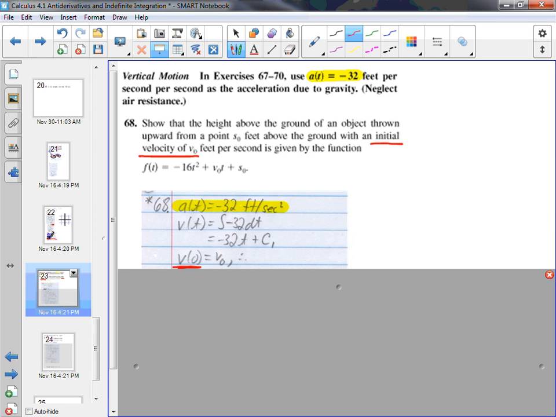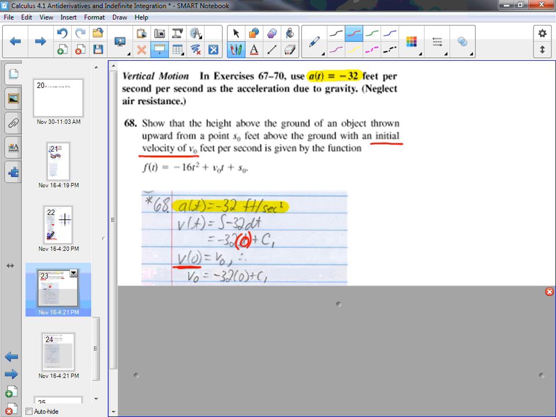At time 0, we can put a 0 in for t. Maybe I should have written v of 0, which is called v0, equals, and then put in a 0 for t: negative 32 times 0 plus c1.